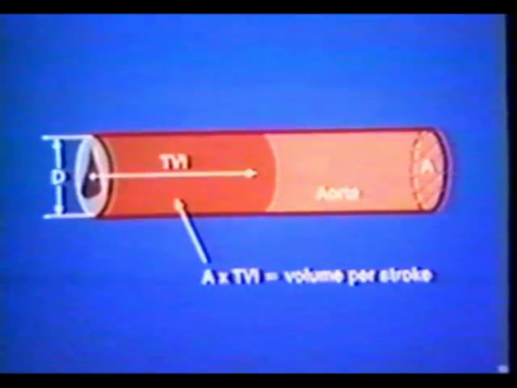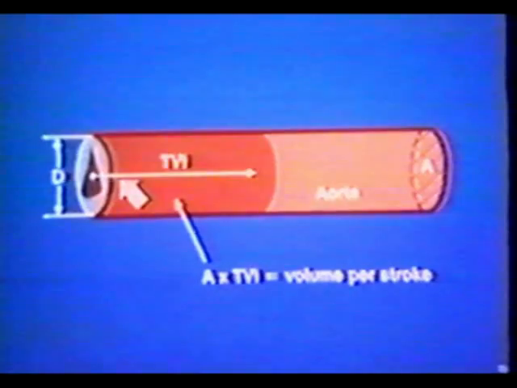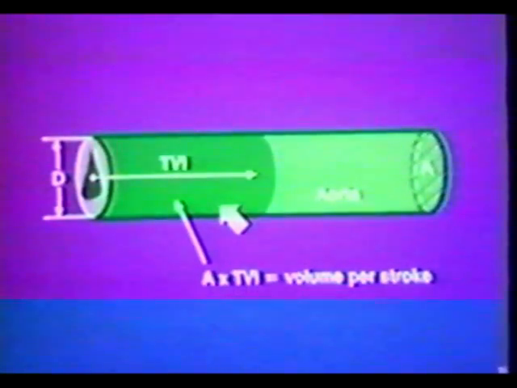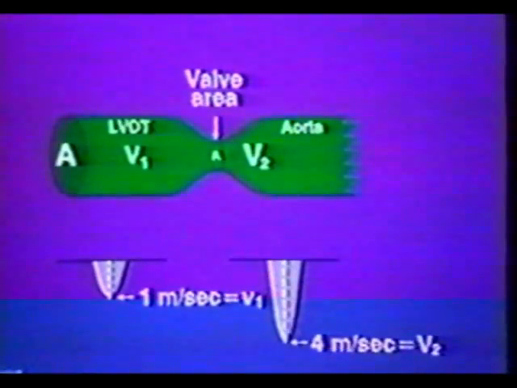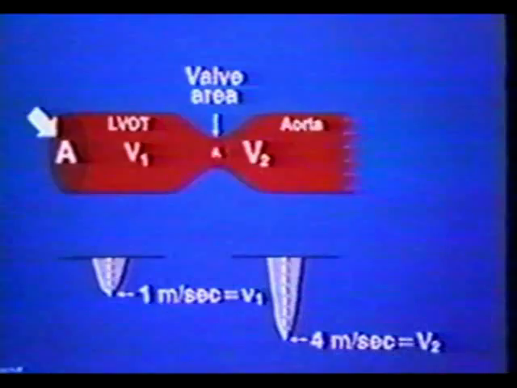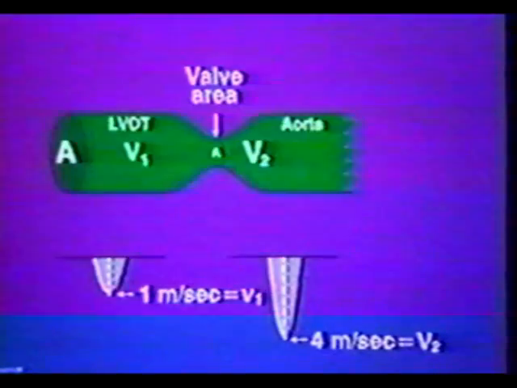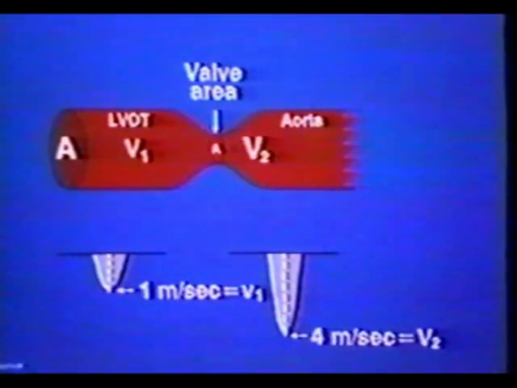If we measure the diameter of the left ventricular outflow tract by 2D echo, we can calculate its area. Multiplying this cross-sectional area times the TVI yields the stroke volume. In this schematic, the large A is the cross-sectional area of the left ventricular outflow tract, and the small a is the area of the stenotic aortic valve.